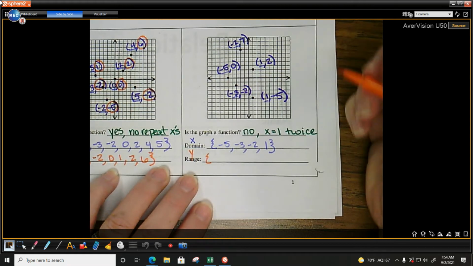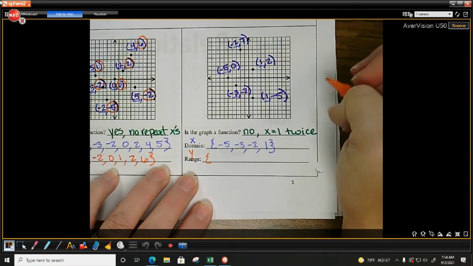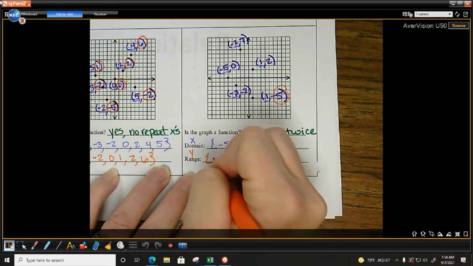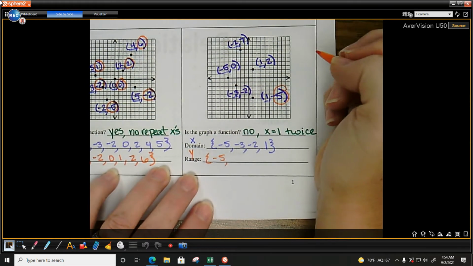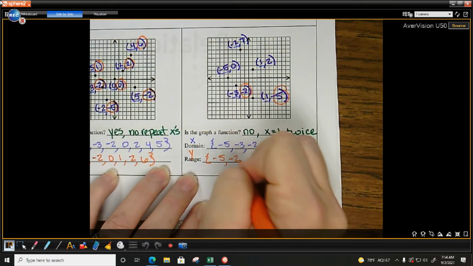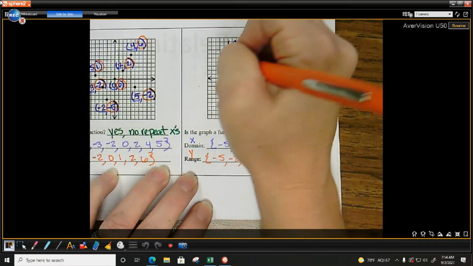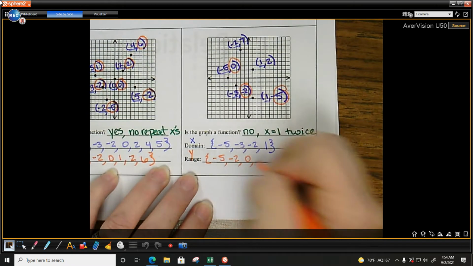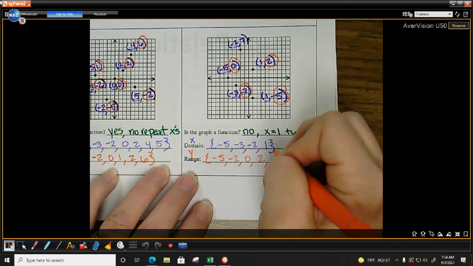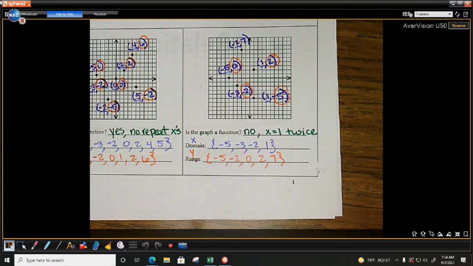What's my smallest y value? -5, then -2, then 0, then 2, then 7, curly bracket. Good?